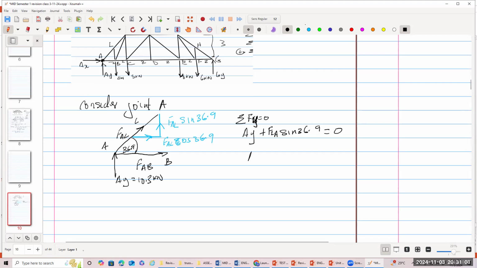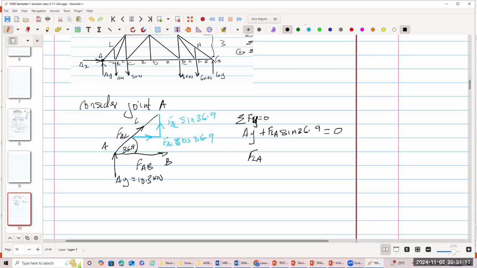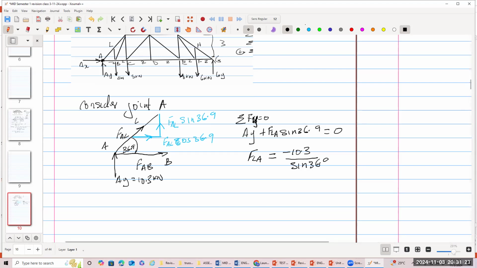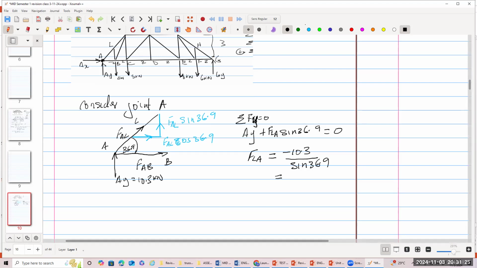So right here we have an answer. FLA is equal to minus 10.3 upon sine 36.9. What value do we get there now? It's 10.3 divided by sine 36.9, with the minus.